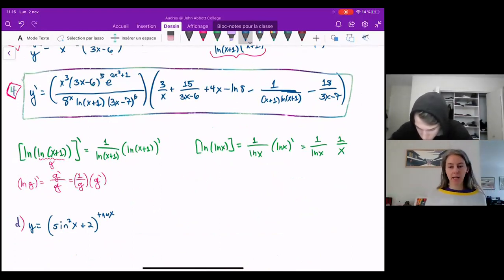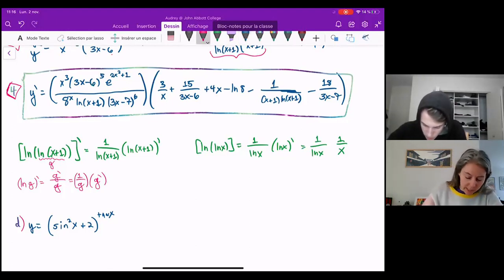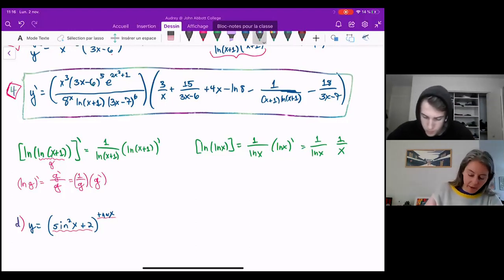Do you guys need a second, or can we move on? Okay, so here I've got x down here and x up here, which is why we definitely have to use logarithmic differentiation in this case. And my first step of logarithmic differentiation, we know, is to take ln of both sides.